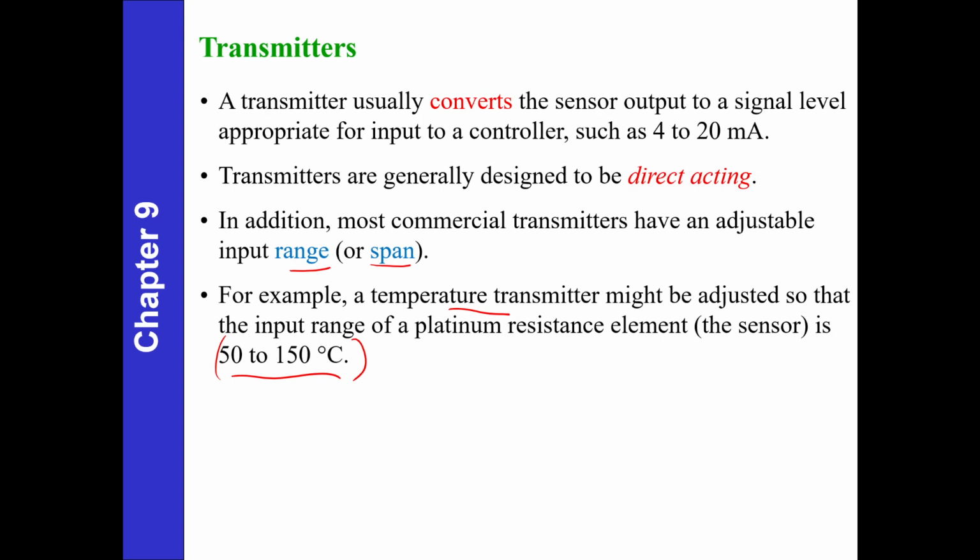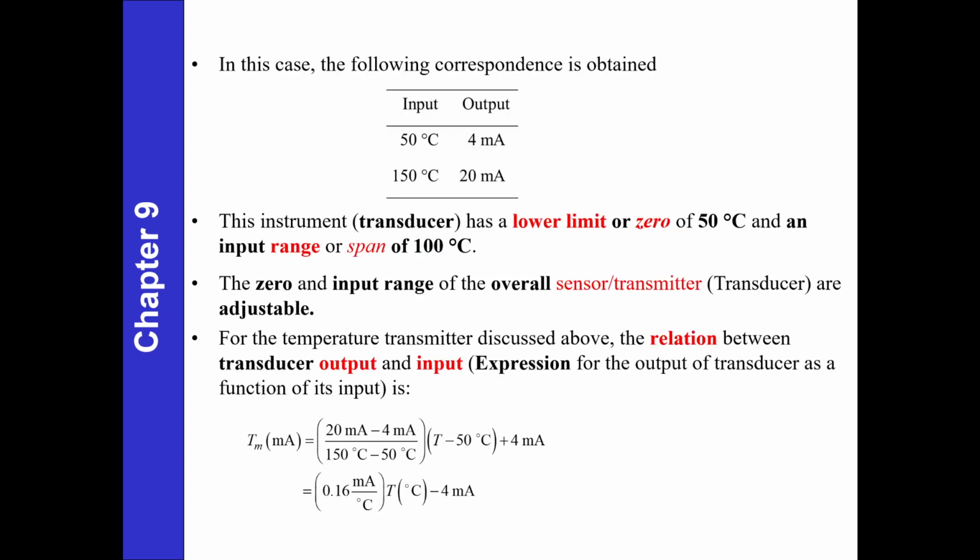Below that, it is out of the range, and the transmitter cannot transmit a signal that is out of its range. So if you are given this information, I already put it in another video.